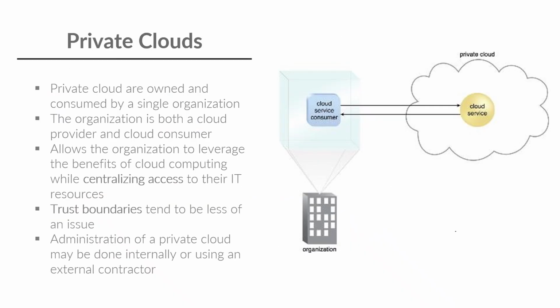Now, private clouds. So usually a private cloud is owned by a single organization. Private clouds will then enable the organization to use cloud computing technology in order to, for example, centralize access to IT resources by different parts of the company, different locations, departments, etc. Okay.